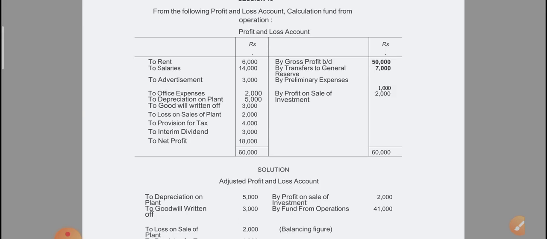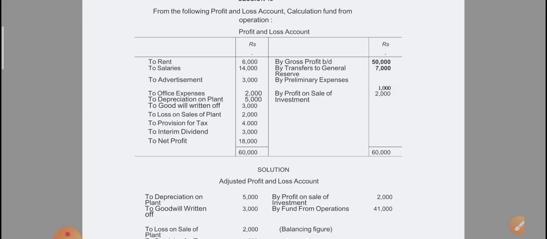At the credit side: by gross profit brought down 50,000, by transfer to general reserve 7,000, by preliminary expenses 1,000, and by profit on sale of investment 2,000.